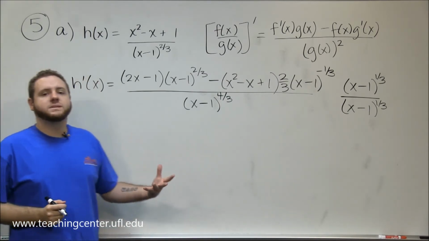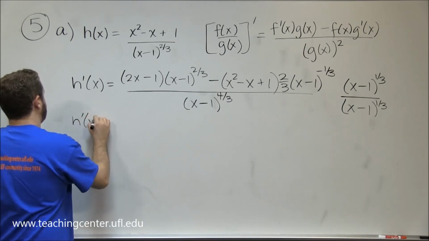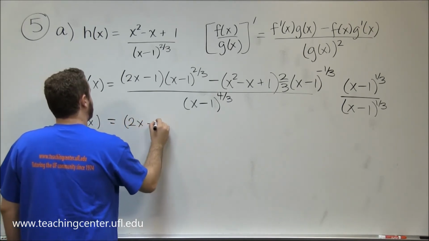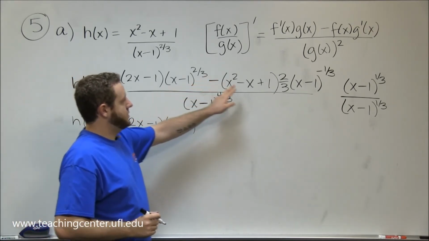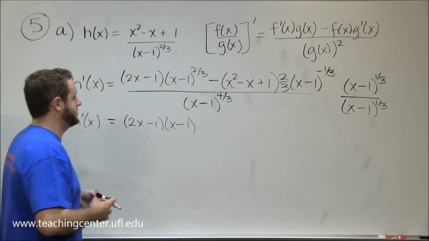So this is going to help us simplify our numerator. By doing that, my numerator would now become 2x minus 1 times x minus 1, because the x minus 1 to the 2/3 times x minus 1 to the 1/3 would just give you x minus 1.